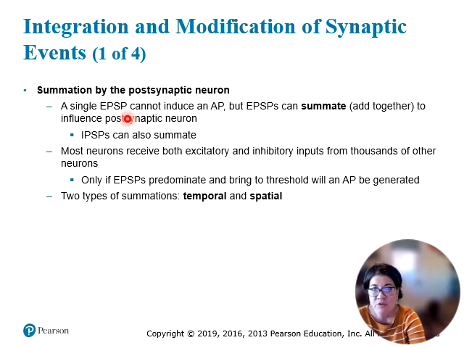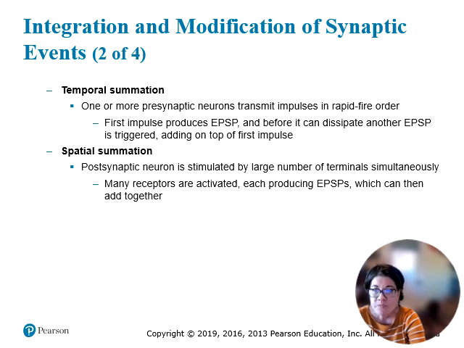And then let's look at the summation ones where several are talking to it. Some might be excitatory, some might be inhibitory. There's also temporal and spatial summation. So temporal is adding all of those action potentials up based on time, and then spatial is based on where they are located.